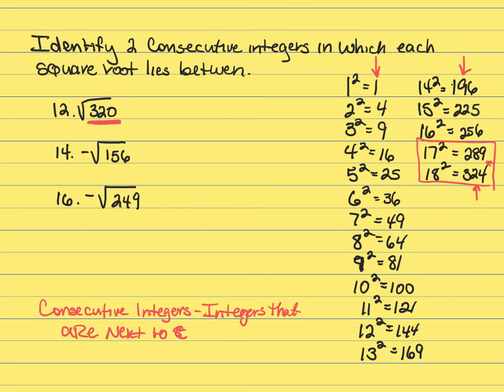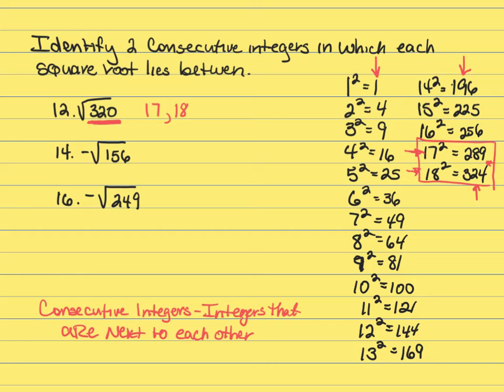Oh, my handwriting is terrible. Let me fix it. Next to each other. So as you can see, our two consecutive integers for the first one are 17 and 18. So your answer would be 17 and 18.